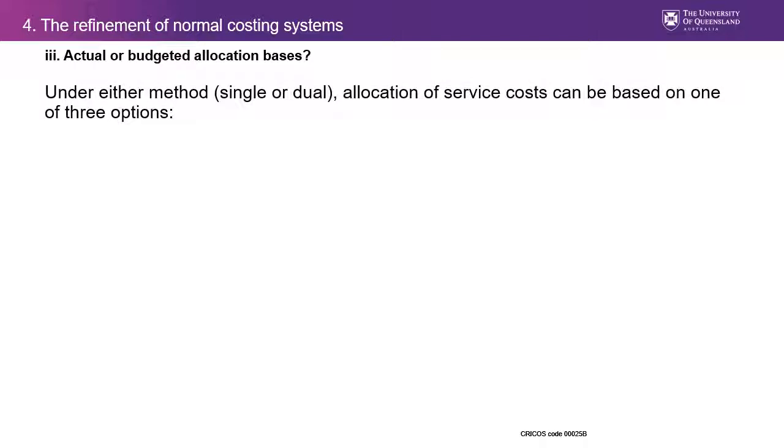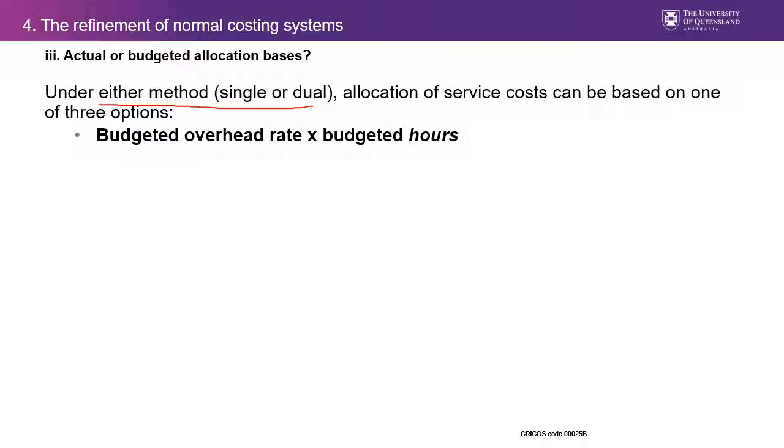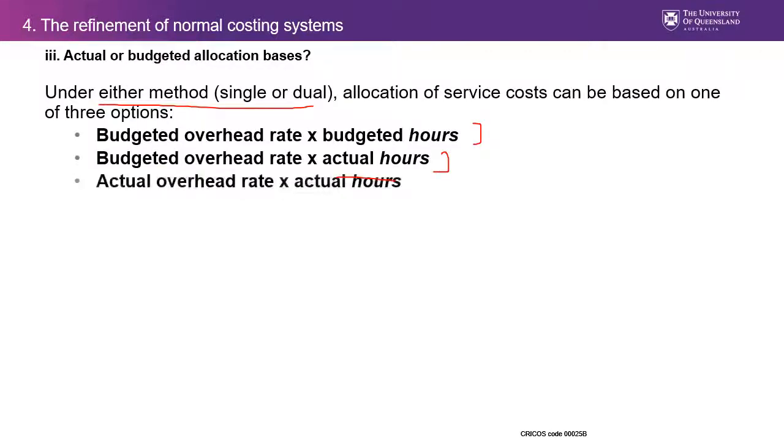So are we going to use actual or budgeted allocation base? Under either method, single or dual, the allocation of service costs can be based on one of three options. The budgeted overhead rate by the budgeted hours. Remember, this is normal costing. Sorry, this is standard costing. The budgeted overhead rate by the actual hours is normal costing, or the actual overhead rate by the actual hours is actual. So this is standard.